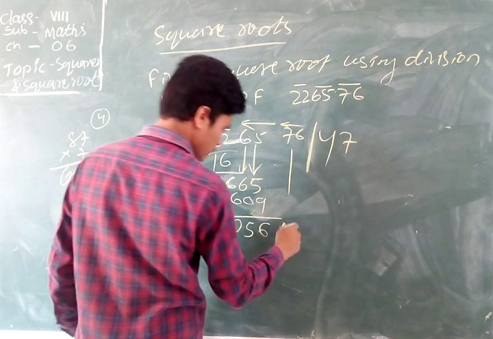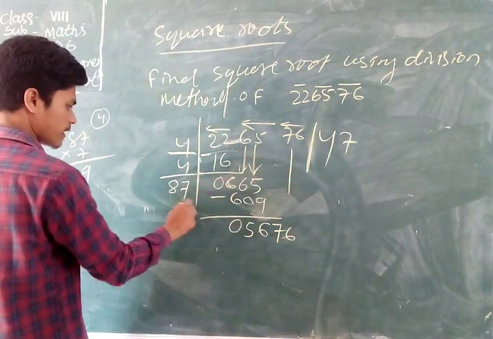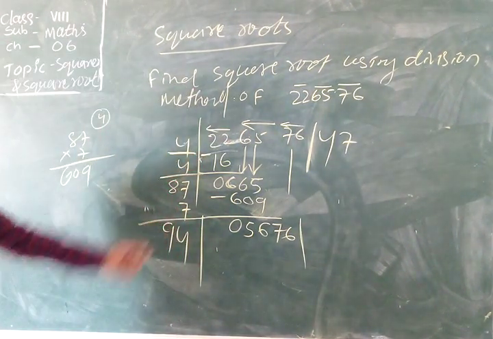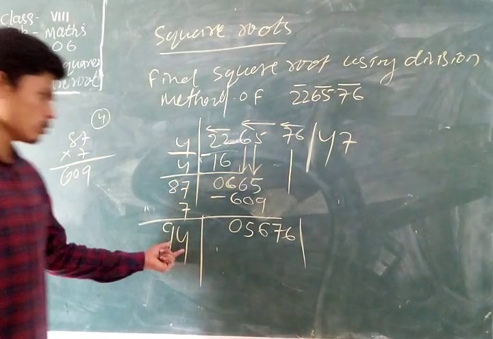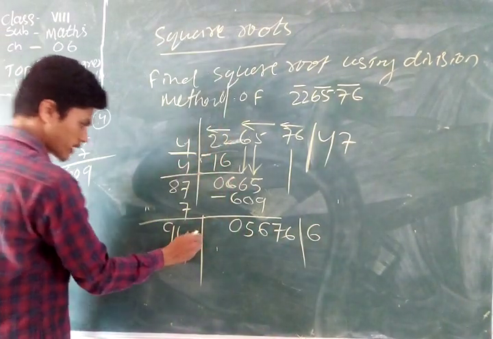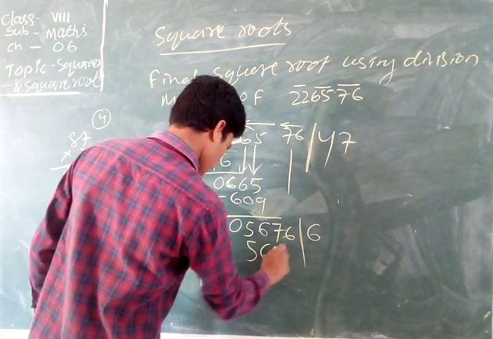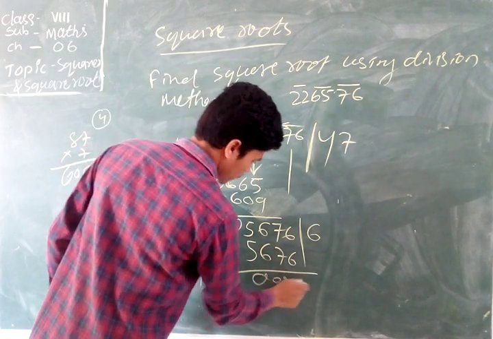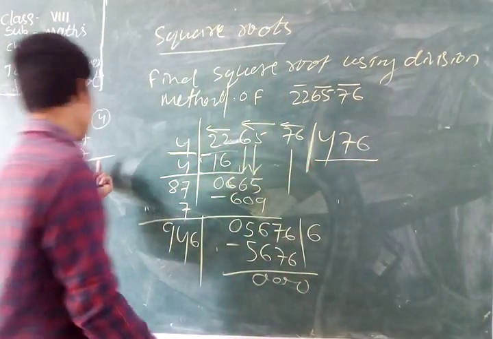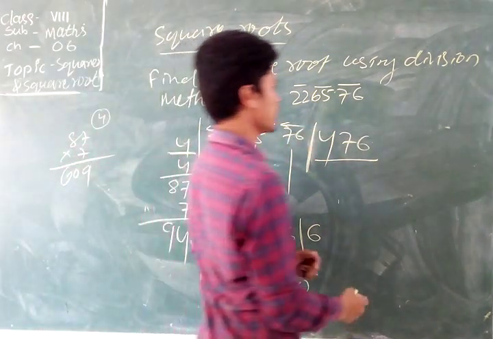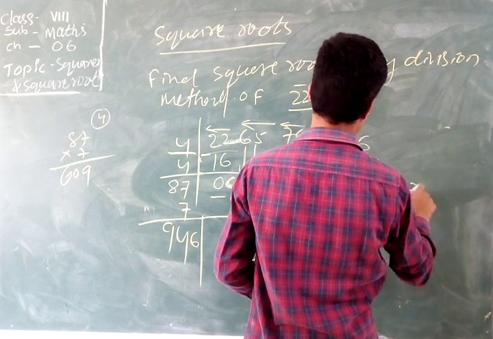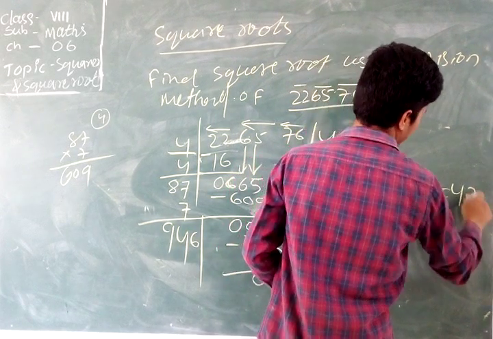Then bring down 76. Then 7 is added to 87, giving 94. Then 94 and a digit: we compare, and the number works with 6. 946 times 6 is 5676, so it cancels. Then we write here 6. So the square root of 476 is... the square root of 226576 equals 476.